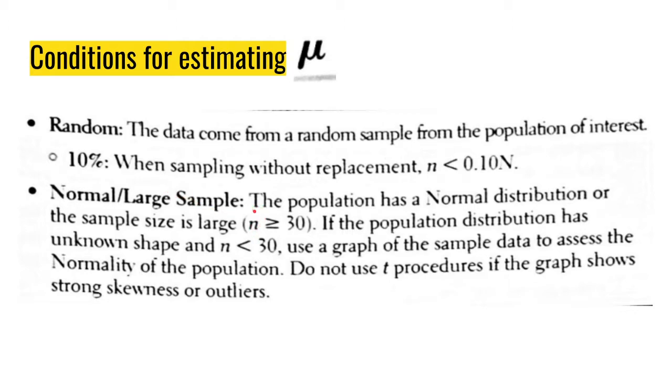Number one, we can say the population has a normal distribution, or the sample size is large. The first one is the population has a normal distribution. If the population has a normal distribution, then your sample mean also has a normal distribution.